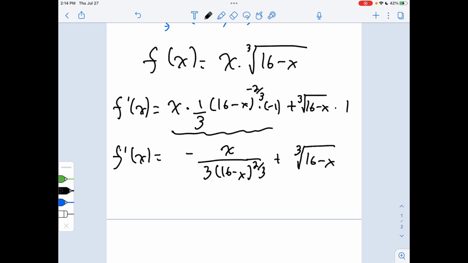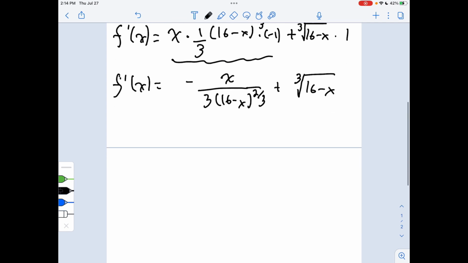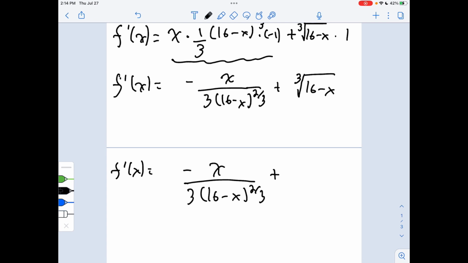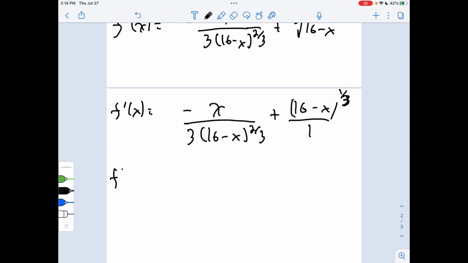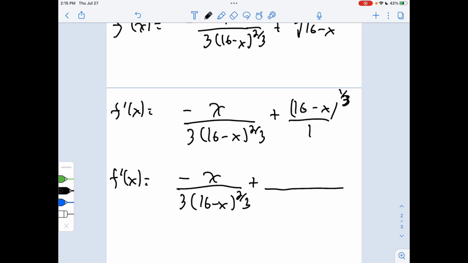Up to you, though. And I'm going to simplify this expression just a bit by getting a common denominator. I'm going to rewrite the cube root of 16 minus x as 16 minus x to the 1/3, because when I get the common denominator, it'll be more clear what my result is when I do the arithmetic here.